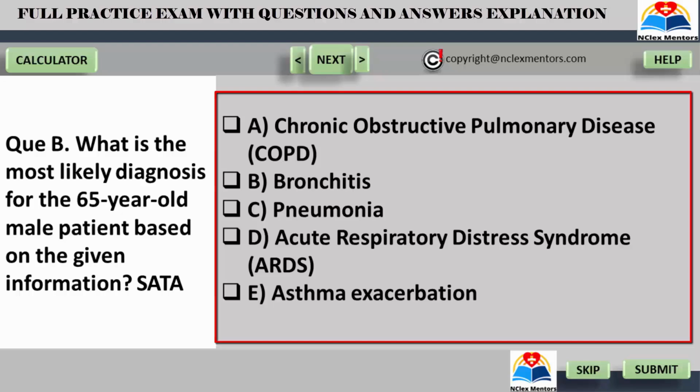You can see the timer running on the upper right-hand corner of the screen, but if you need more time, you can pause the video as well.